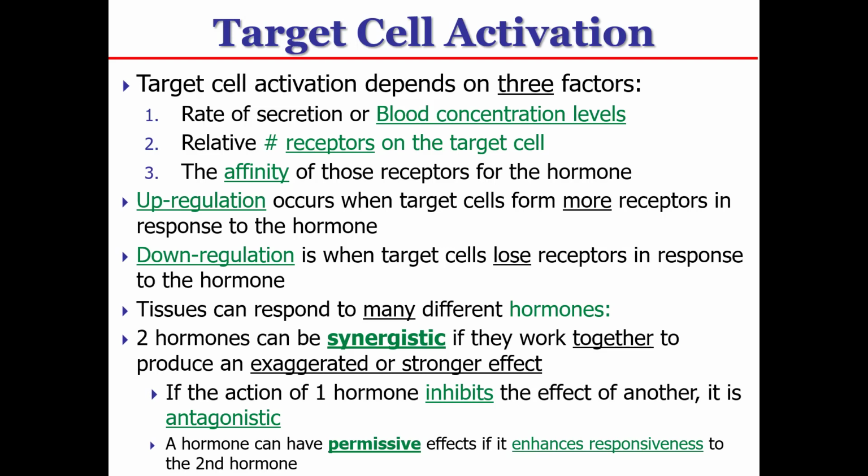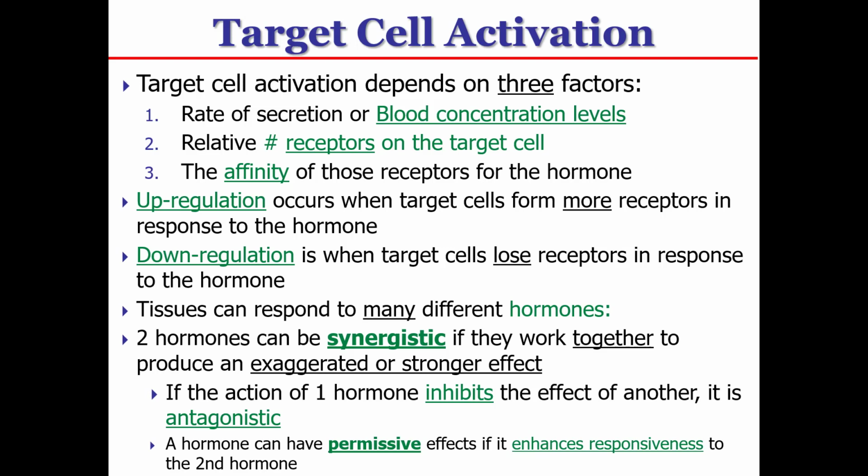Target cell activation can be upregulation, so target cells can form more receptors in response to the hormone, or downregulation, where they can lose receptors in response to the lack of hormone. Tissues can respond to many different hormones. And that means that if you have two or more hormones around at the same time, they can tend to have a synergistic effect on their target cell.